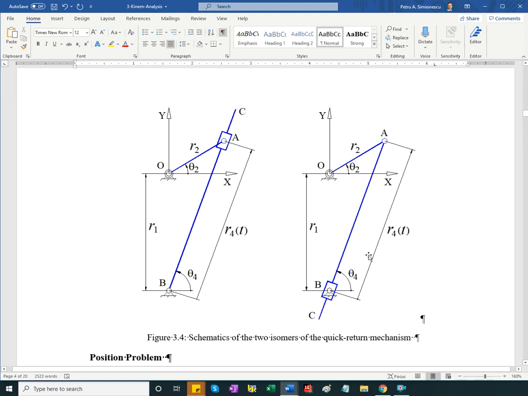And then for this embodiment, for this isomer, what would be the easy way of doing it?